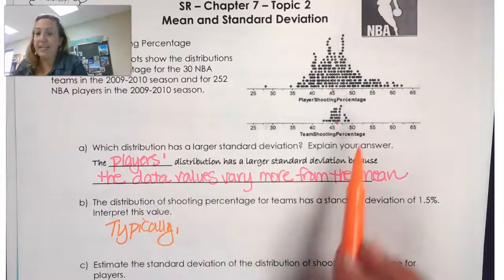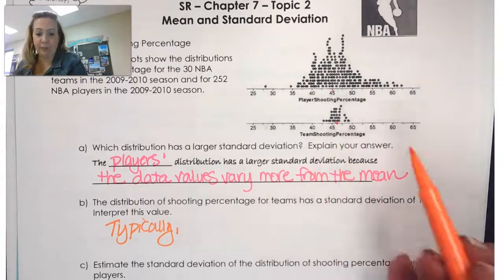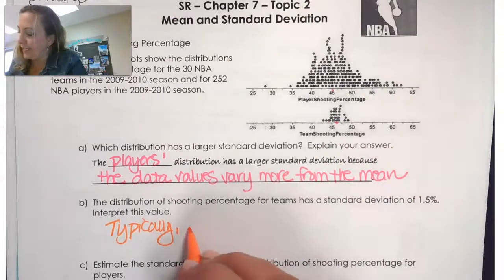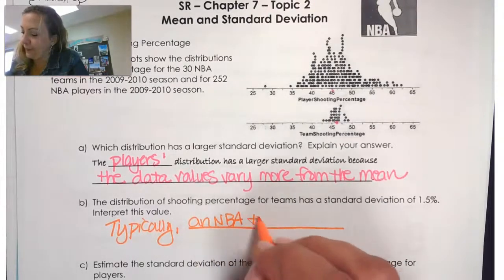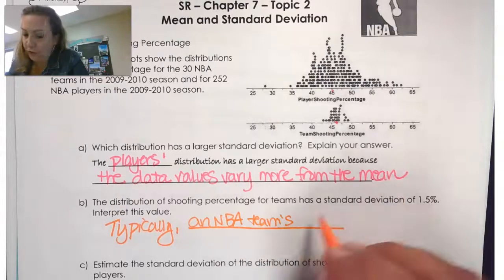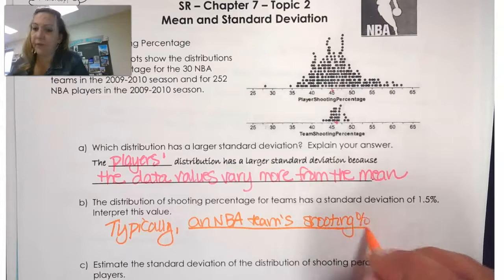And the statistic that we're dealing with here is an NBA team's shooting percentage. So we'll put that here. An NBA team's shooting percentage. Okay.